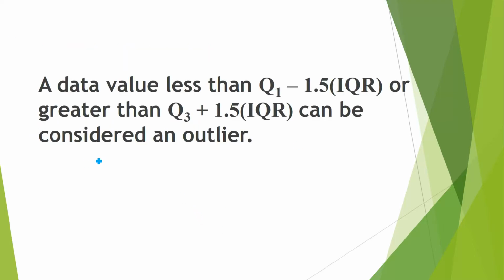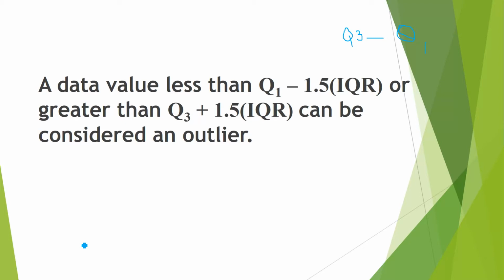So an outlier is an extremely low or extremely high value in our data set. Here I will show you how to calculate the outlier. A data value less than Q1 minus 1.5 IQR, where IQR is called the interquartile range. And how do you calculate the interquartile range? Q3 minus Q1. In your data set, you can calculate Q1, Q2 and Q3, which we have already discussed in our last lesson.